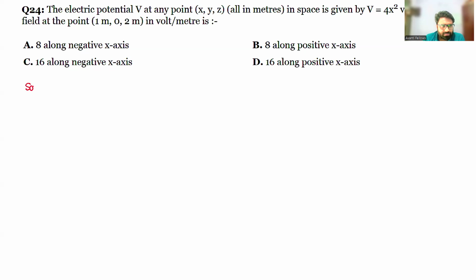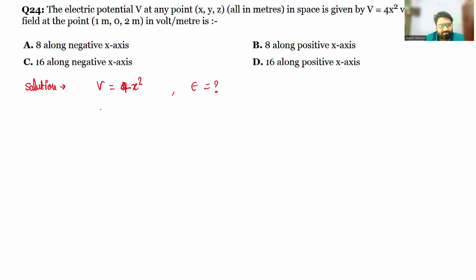So in this question, a potential expression is given to you, which is 4x square. Now we want to calculate the electric field from this expression.